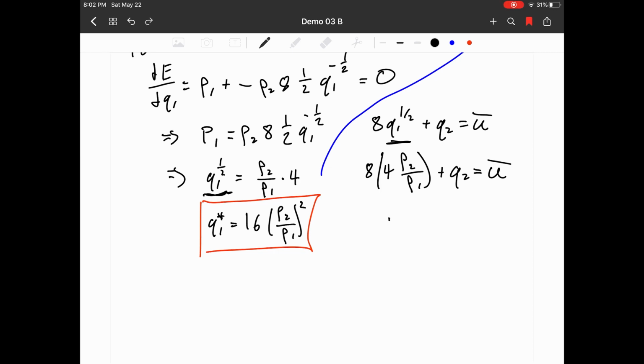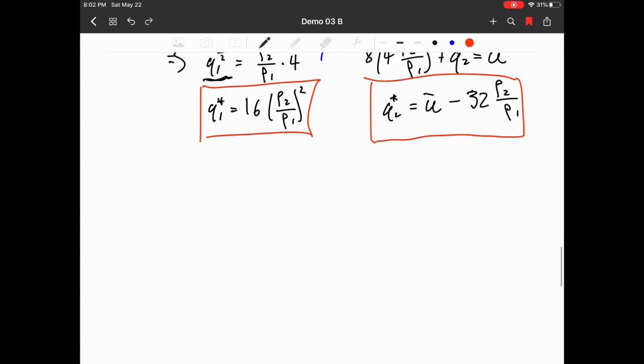Okay, so then we have q2 star is equal to u bar minus, then we have 8 times 4, which is 32 p2 over p1. Okay, so then this is our second solution value.